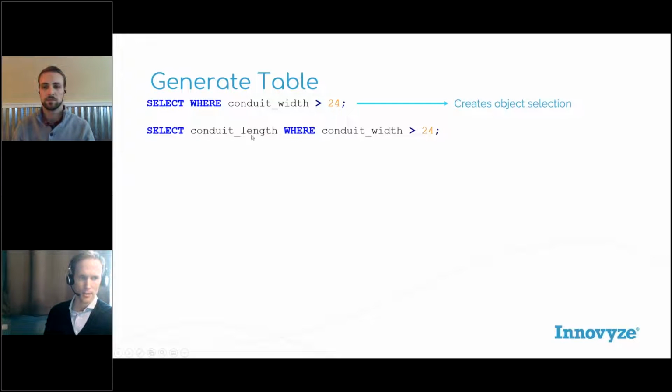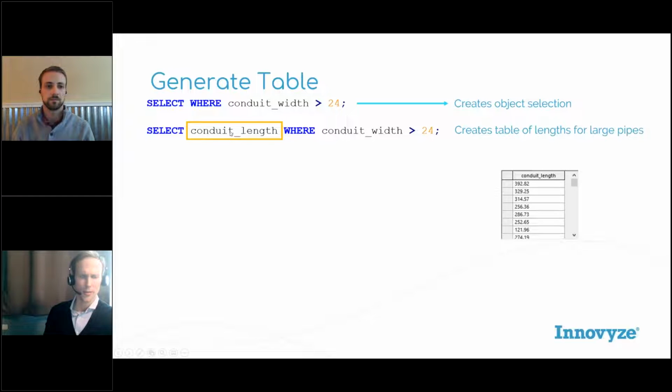But if we insert one or more fields, like say select conduit length where conduit width greater than 24, so long as there's a field in there, instead of selecting objects, it's going to create a table for you that just pops up within the UI. You can review it, you can sort it, you can copy and paste it to Excel, and that's going to just give you all of your lengths for your large diameter pipes.